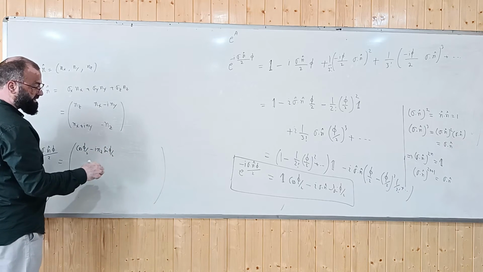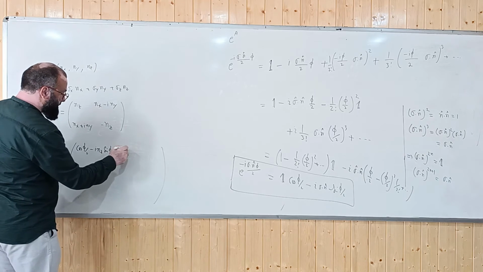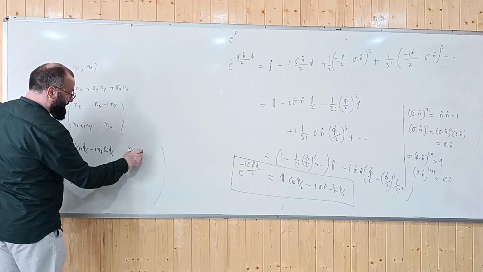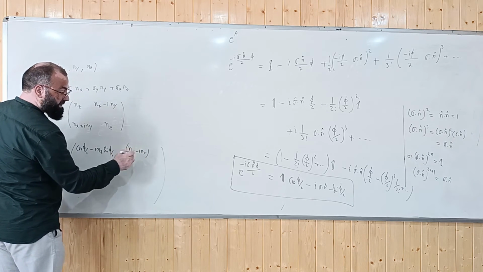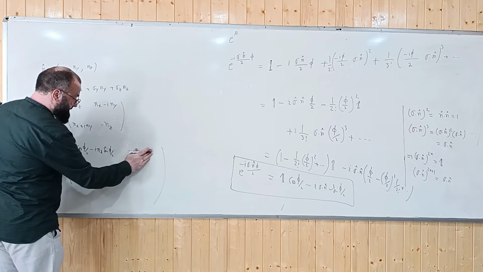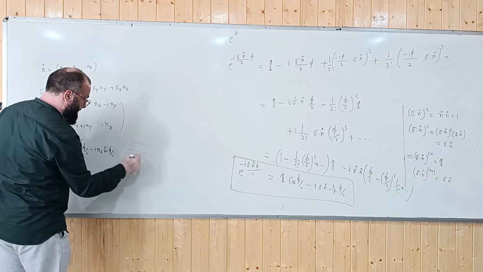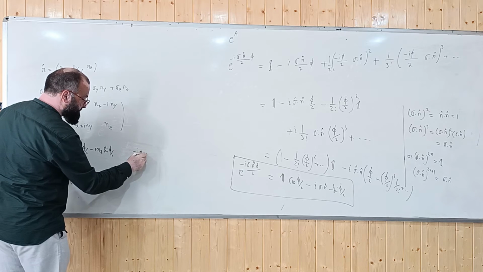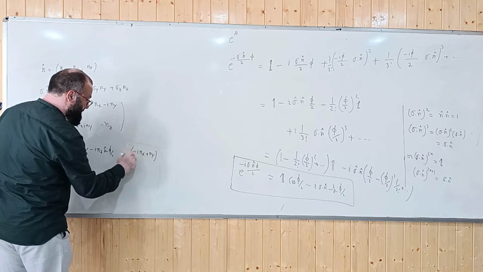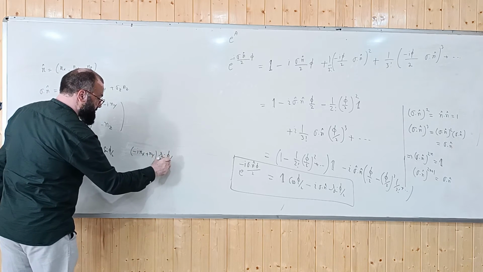Let's take another element. It will be 0 here, so it's nx minus i ny, multiplied by minus i. So it will be minus i nx plus ny, sine of phi by 2. What will this be?